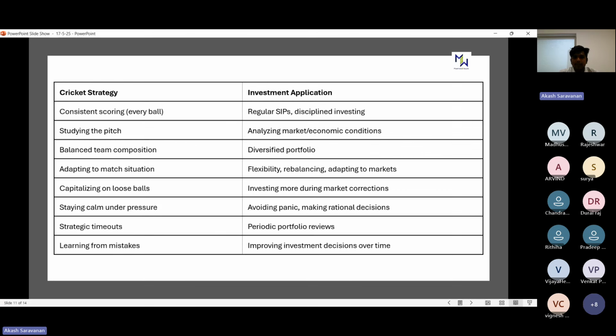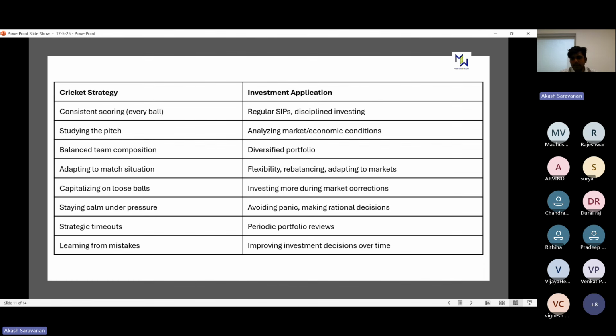Now I'll just summarize what we discussed. Basically, you need to be consistent in your investment when you're chasing the target. Even if you couldn't find opportunities, you can just use your savings as a SIP, so that you can average the price down the line, and it gives a small contribution to your portfolio.